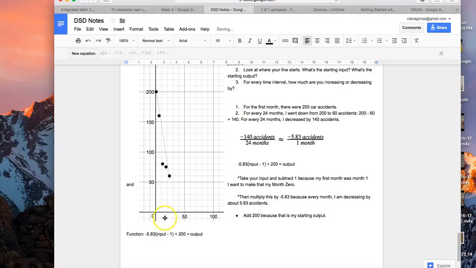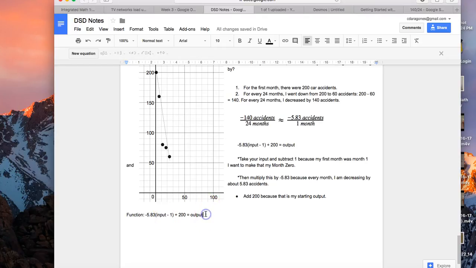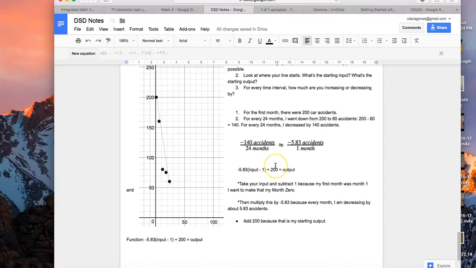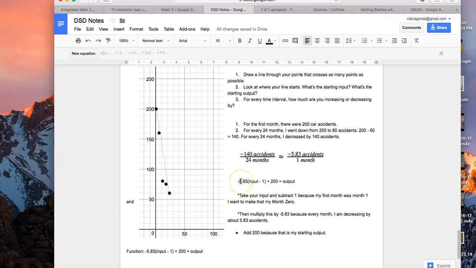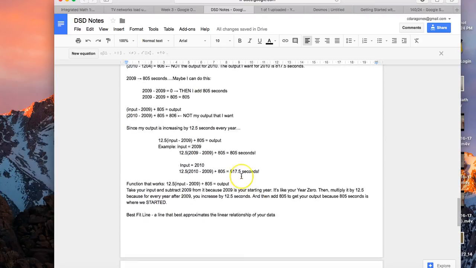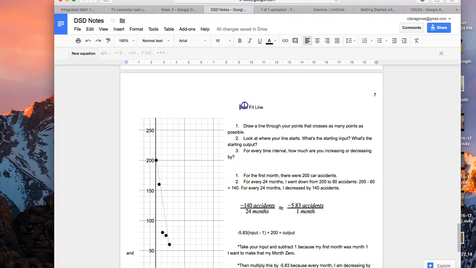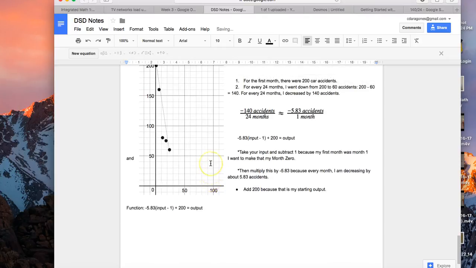Okay, so even though this is not exact, this is still an approximation for the best fit line. So if you have data that doesn't look exactly linear, you can still try and make the best fit line for it and write the equation, the function you came up with for your data.